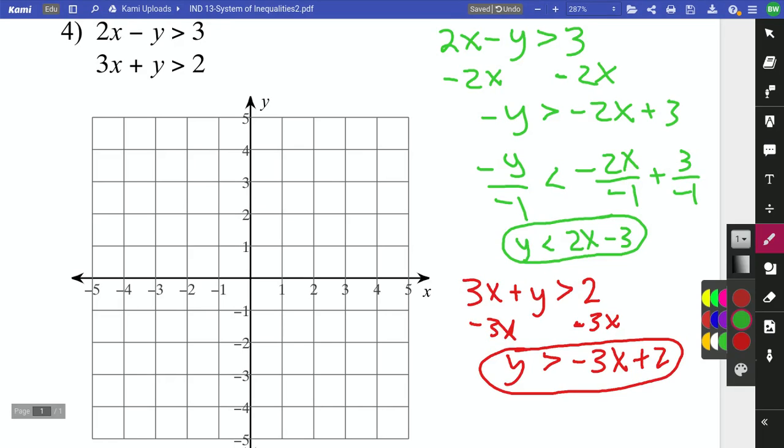We'll do the first one first, and that's the one in green. The intercept is negative 3, so that's right here. The slope is positive 2, so that means 2 over 1. So rise over run is 2 over 1.